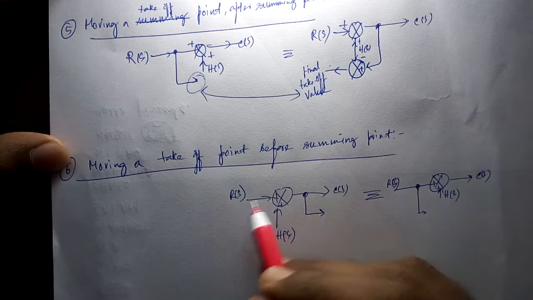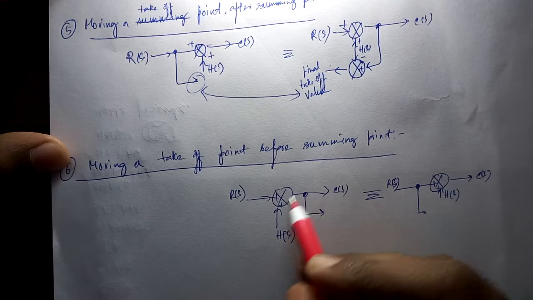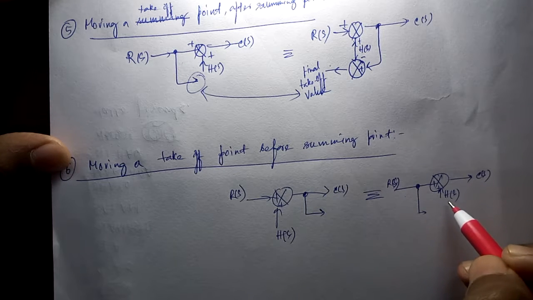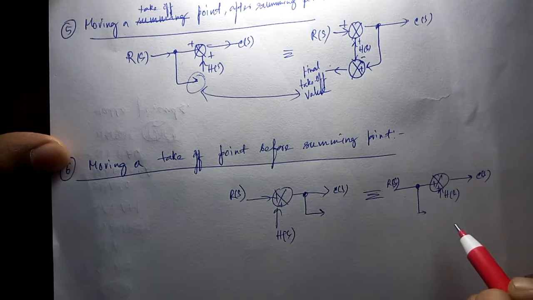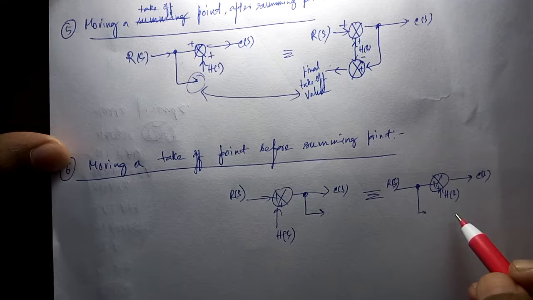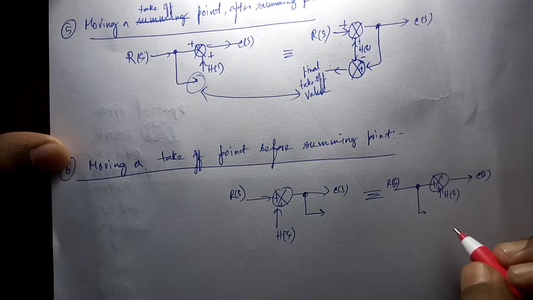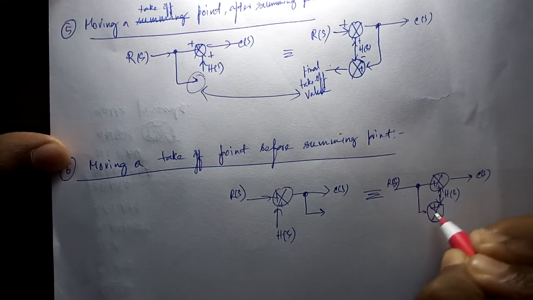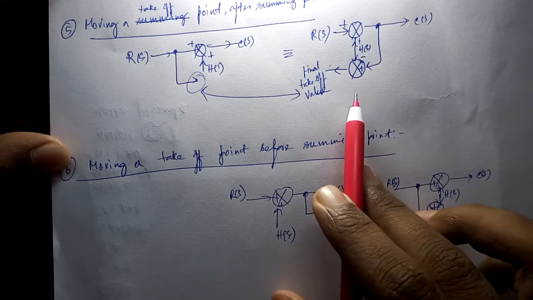Meaning previously HS and RS both were added and going from this path, but if we take the takeoff point before the summing point, the HS value is not coming. To provide the HS value with RS, we have to add the HS value in this path. Obviously now we have to add. Previously we subtracted.